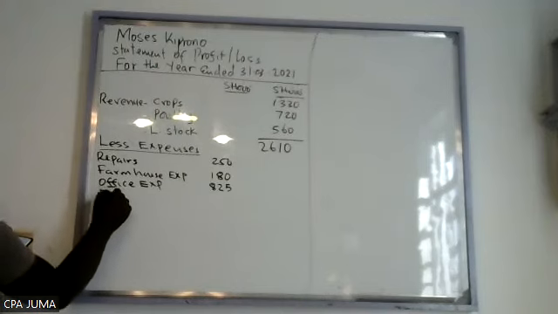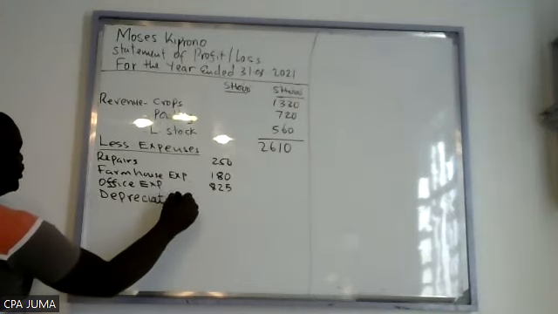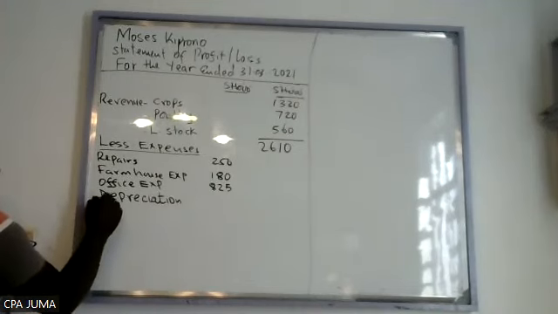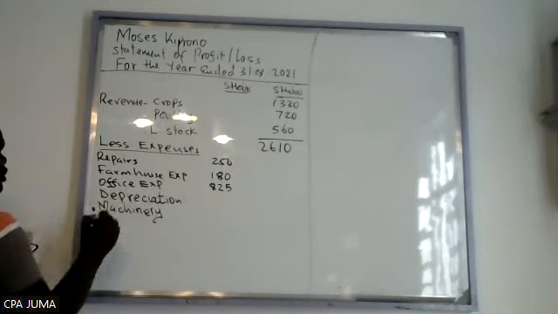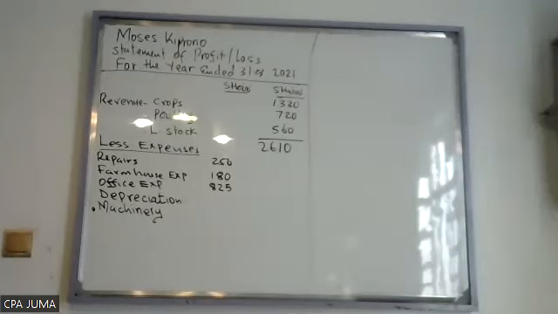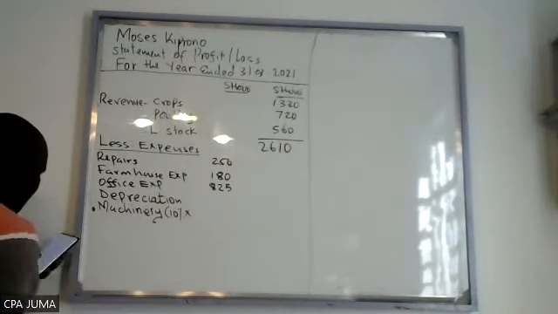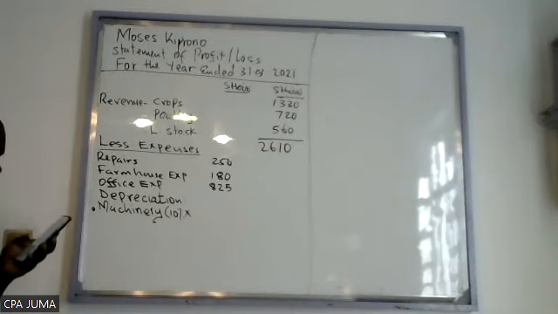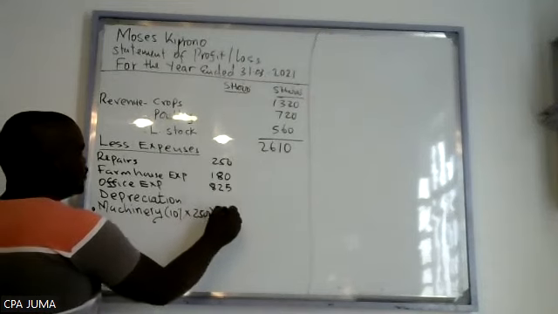So depreciation, machinery, 10%. So check the value of the machinery in the trial balance. If you check it, you'll see 2,500. So that is 250.